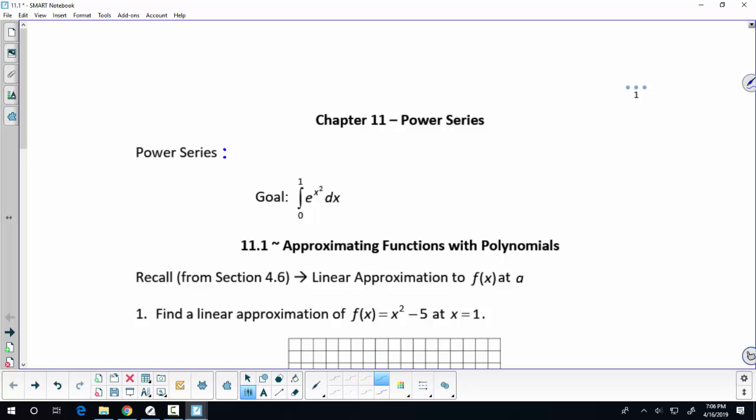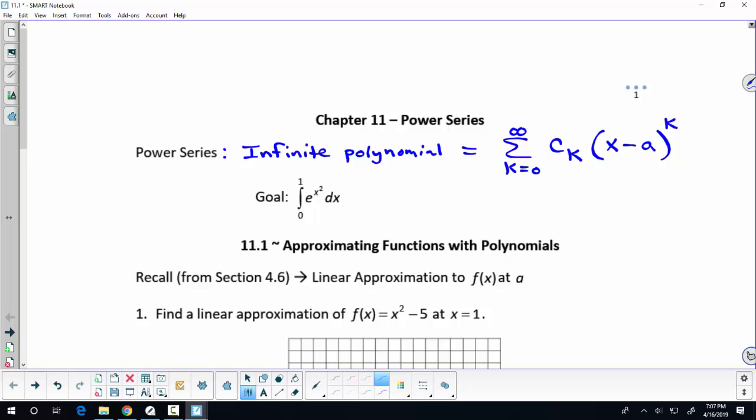But a power series is an infinite polynomial. The sum from k equals 0 to infinity, and the structure of the polynomial is you have c sub k, which is just some coefficient in general, times x minus a to the power of k.